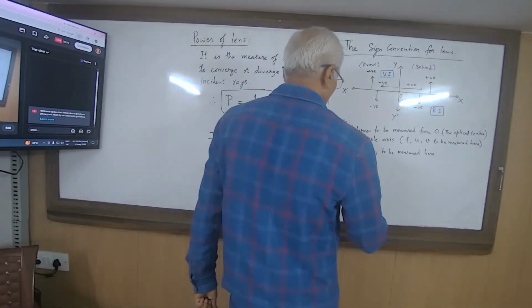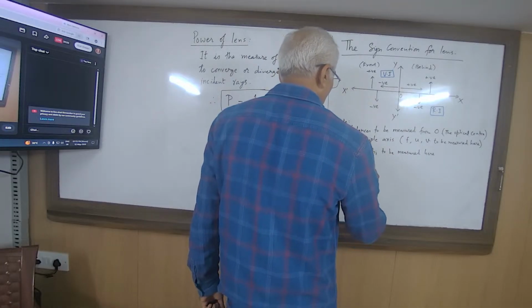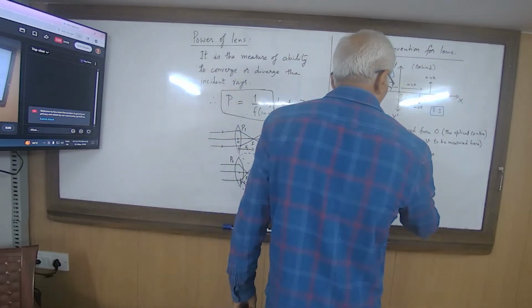So let's write down quickly F, U, V for convex lens and for concave.